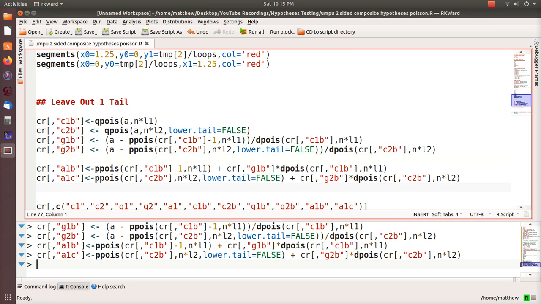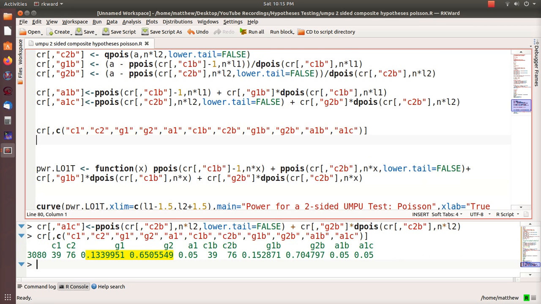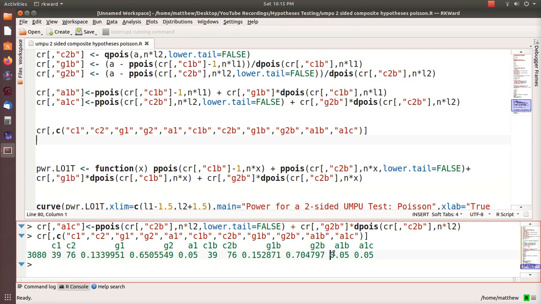Now let's look at the alpha values, and this is it. This is the leave one out test. So we force it to be a 0.05 level test, but it's no longer uniformly most powerful unbiased. It's approximately though, and it's really, really close.